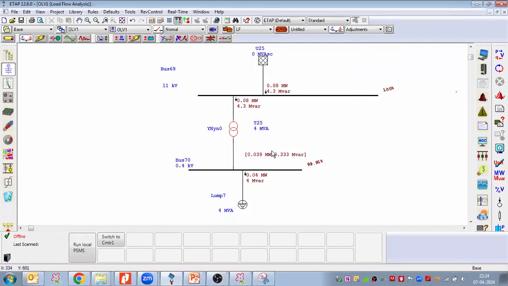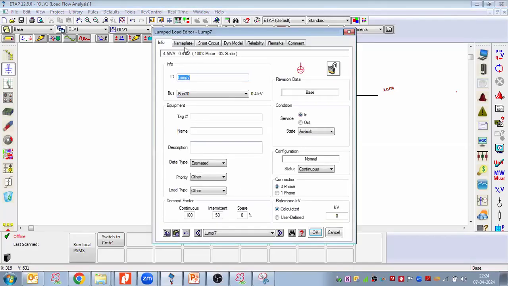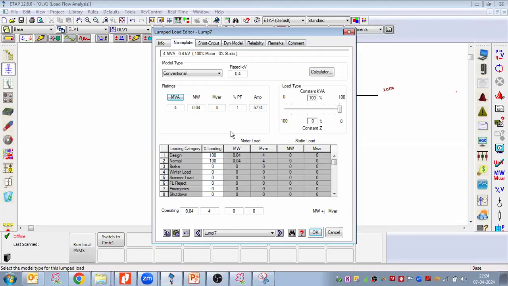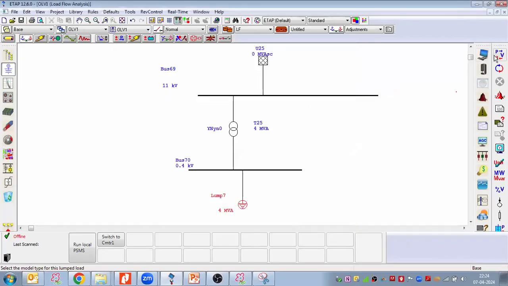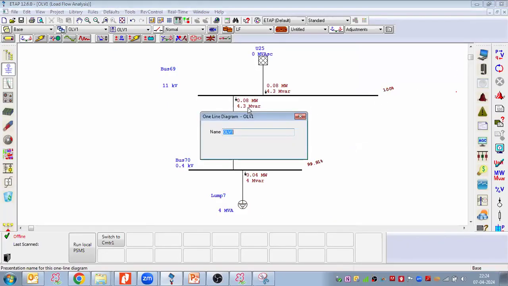Right? So if we see this transformer, how much loading on the HV side? 4.3, right? Yes, 4.3.